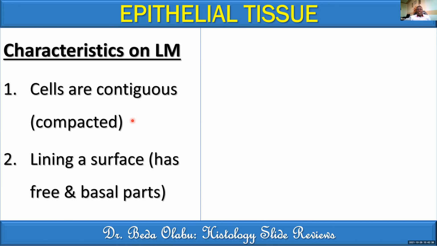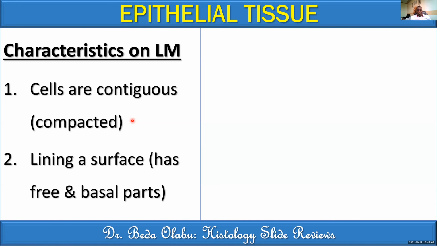Because that will make me know that it has a free and a basal surface. It's attached onto something. These two are very fundamental. If you don't see those two, most likely you're not looking at epithelium. And you see those two, most likely you are looking at epithelium.